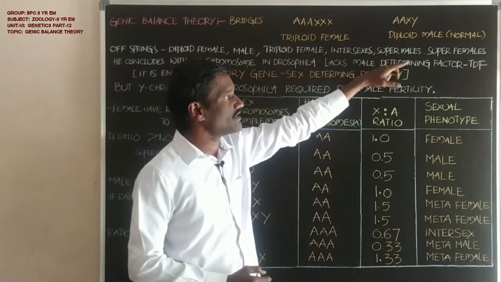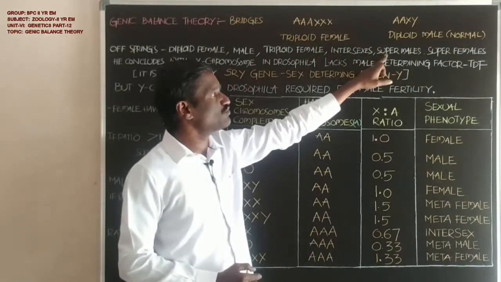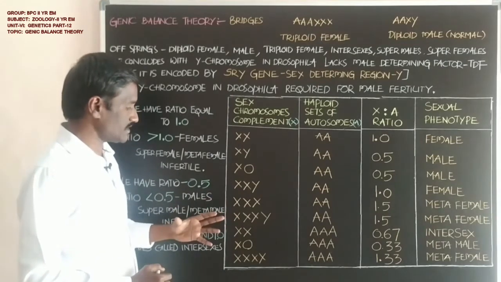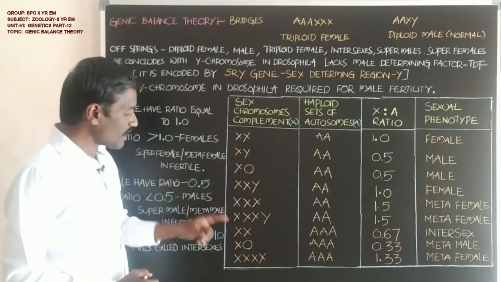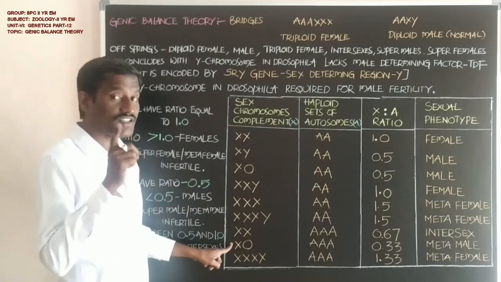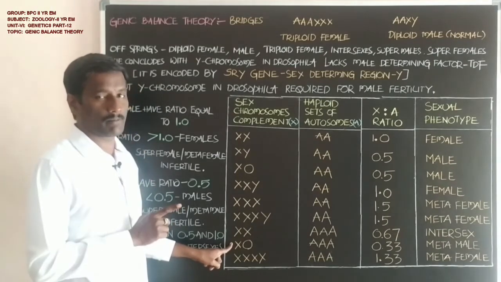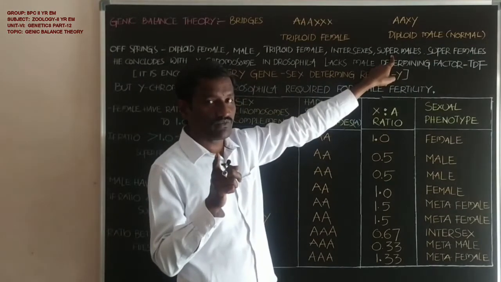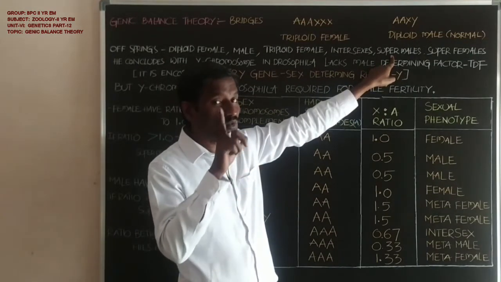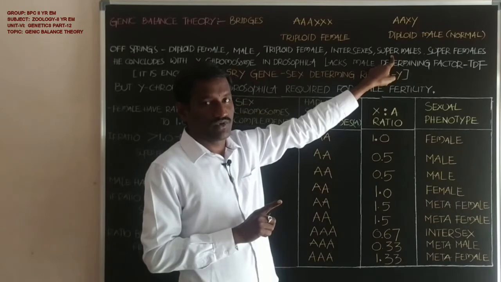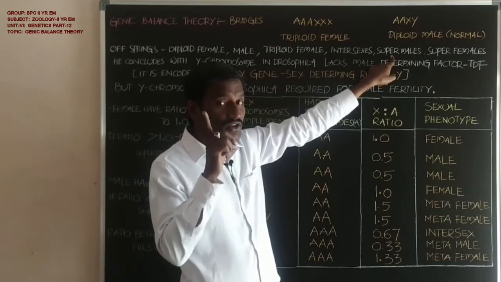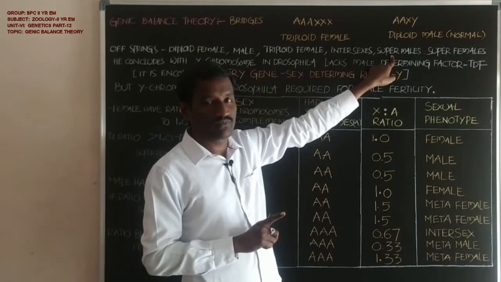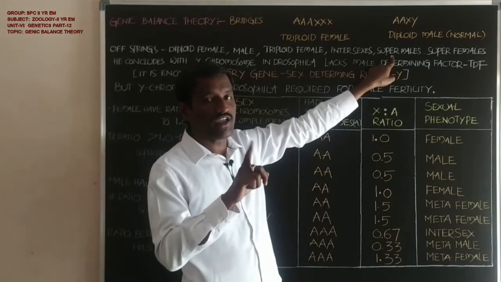Students, supermales and superfemales. What about supermales? Supermales are the offspring that receive only one X chromosome, having a karyotype with only one X chromosome instead of XY.